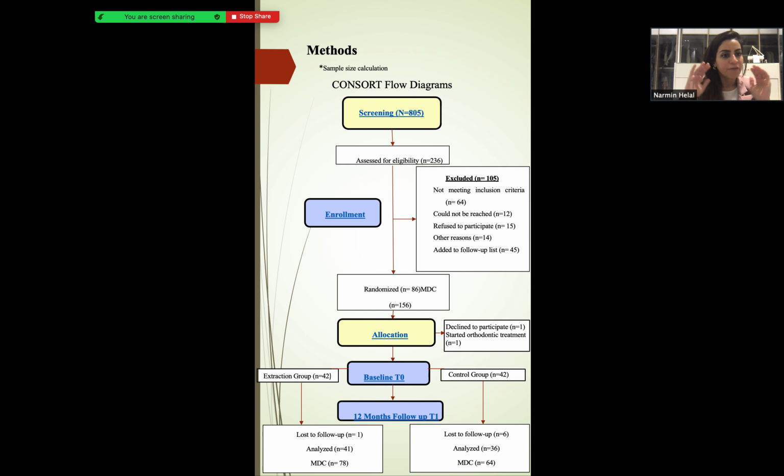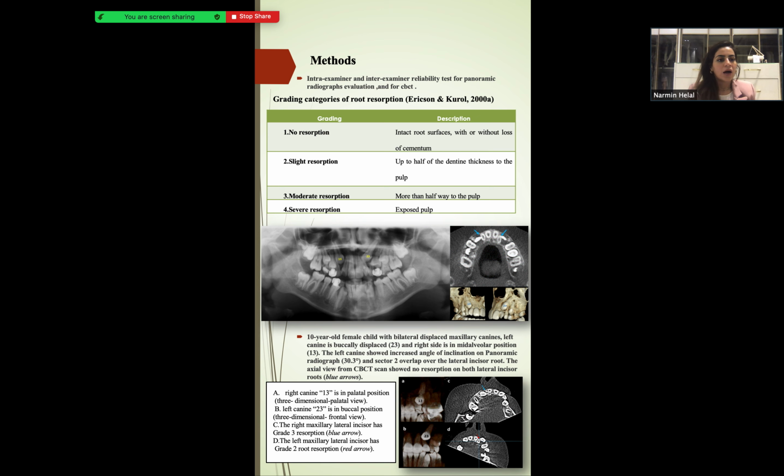Those patients that fit our criteria were enrolled, randomized by block randomization, and allocated blindly to either an extraction group or a control group. At baseline, we took CBCT for those patients and did our measurements, and then those patients were followed up for 12 months, and then we retook the CBCT and redid our measurements.